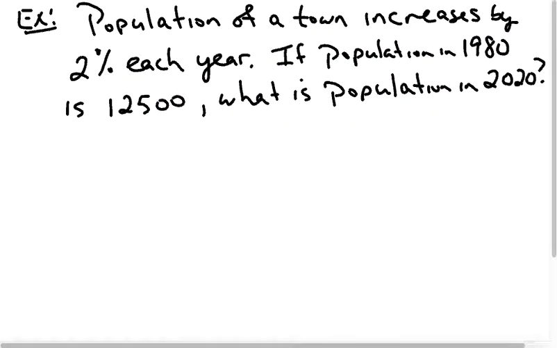All right, next question says this. The population of a town increases by 2% each year. If the population in 1980 is 12,500 people, what is the population in the year 2020? So this is a population growth.